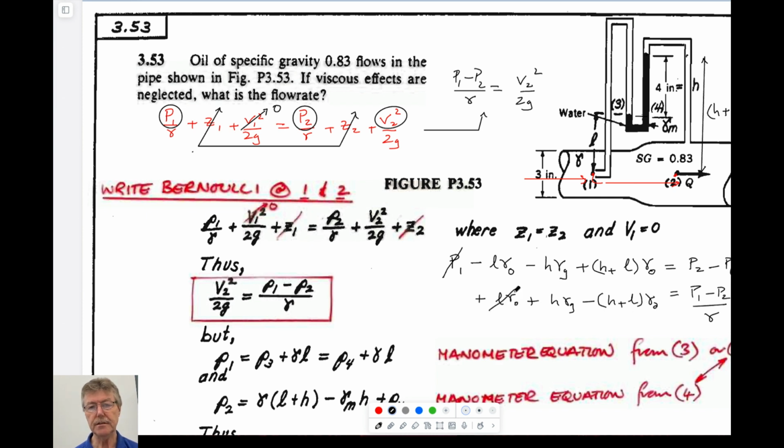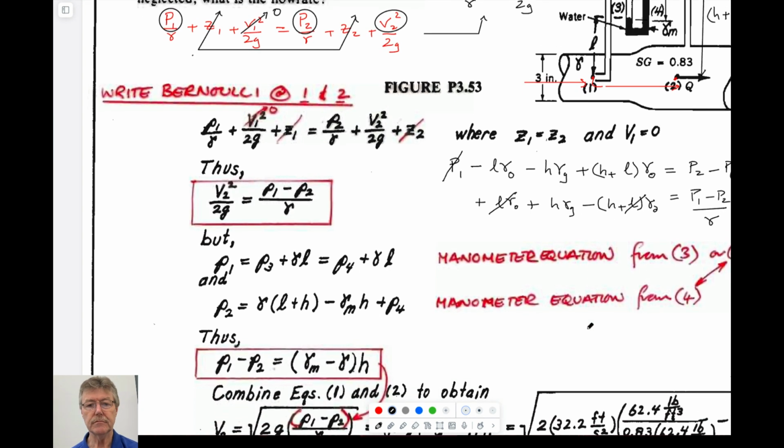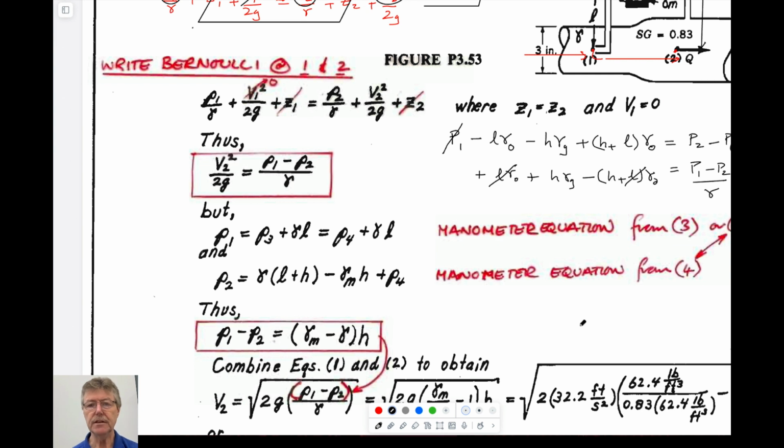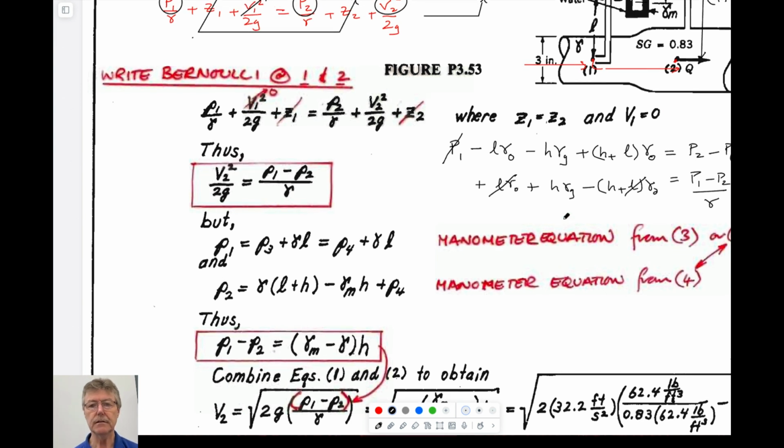I guess we'd lose this and this. Yeah, and so we just have H gamma gauge minus gamma water equals this. I said I didn't want to do it, but I guess I've ended up doing it.